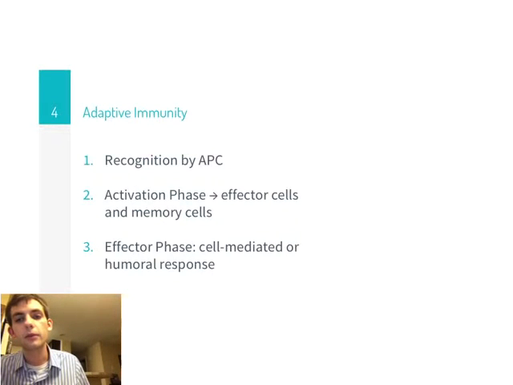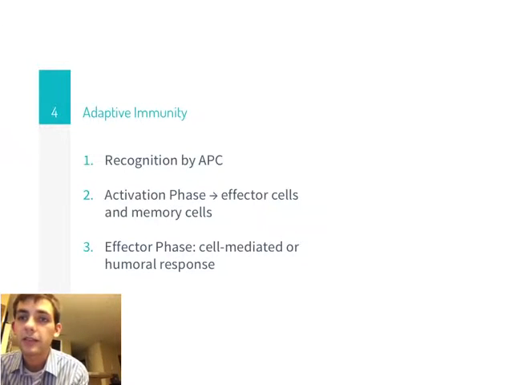Now we're going to get into the meat of the adaptive immunity. And adaptive immunity essentially has three main parts to it. The first is recognition by APCs, and these are antigen presenting cells. And we're going to talk about how that works in just a minute.